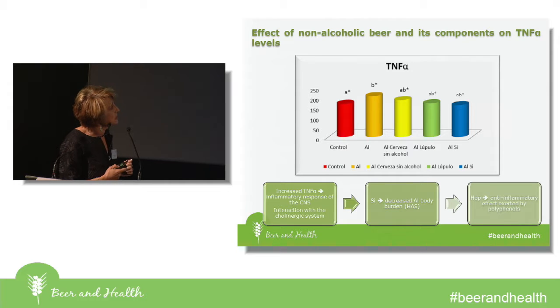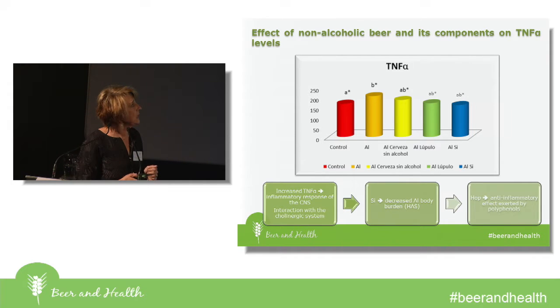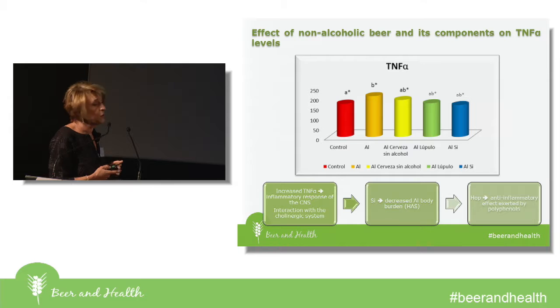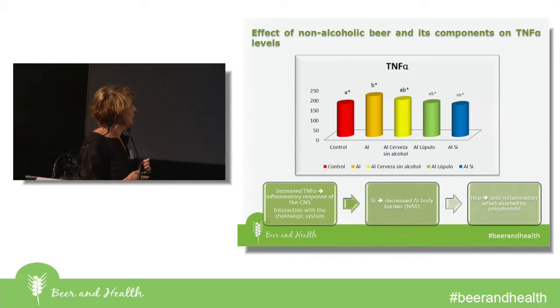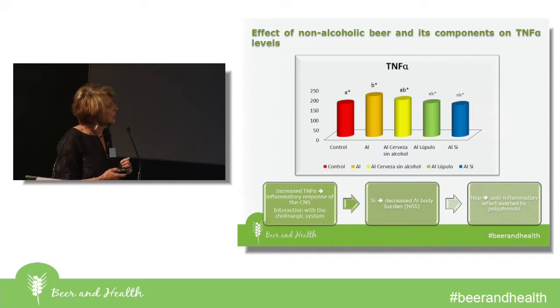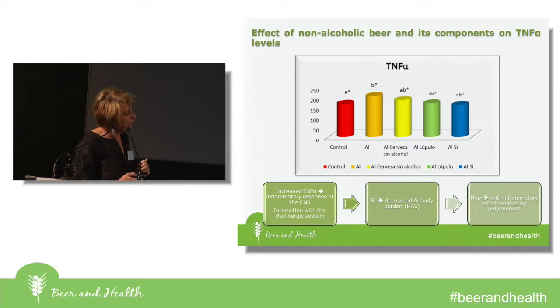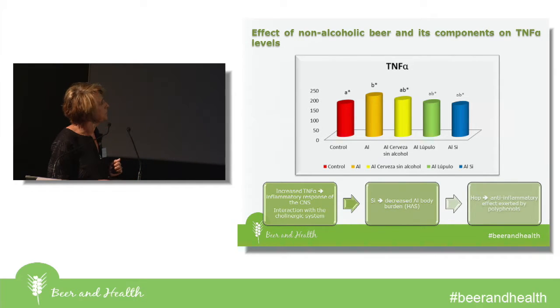Regarding inflammation, aluminum also increases TNF-alpha significantly, due especially to its interaction with the cholinergic system. Silicone can reduce these inflammatory factors, just as lupulus can.